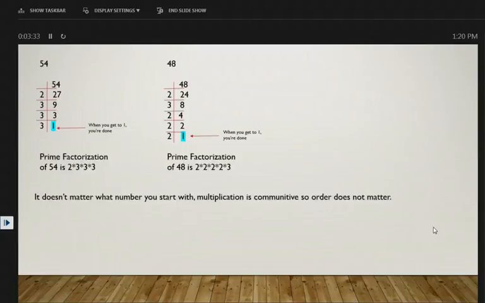Divide by 3, and then divide by 3, and look at that 1. When you get to that 1 that's highlighted right there, that means you're done, and your prime factorization is on the left-hand side. So your prime factorization is 2 times 3 times 3 times 3. Or 2 times 3 to the what? Third power.